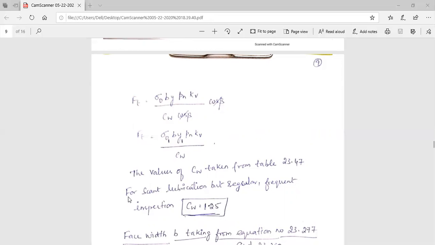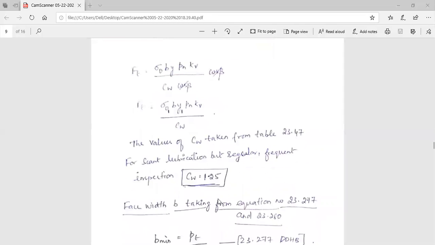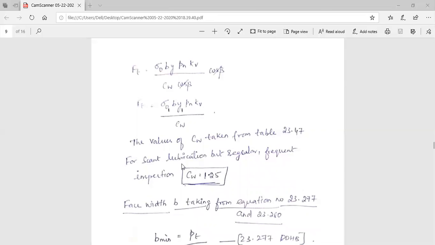Here they consider scant lubrication but regular frequent inspection. So refer to the table and take the value for scant lubrication but regular frequent inspection. Cw is equal to 1.25.